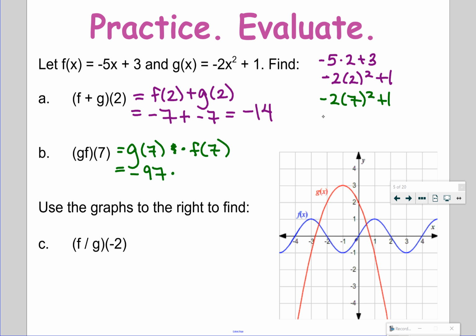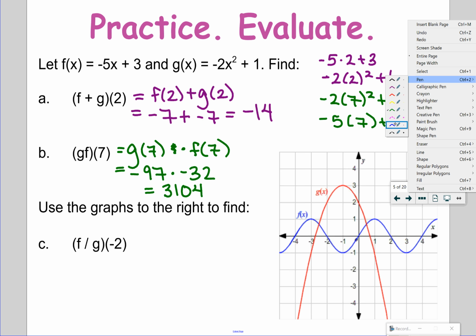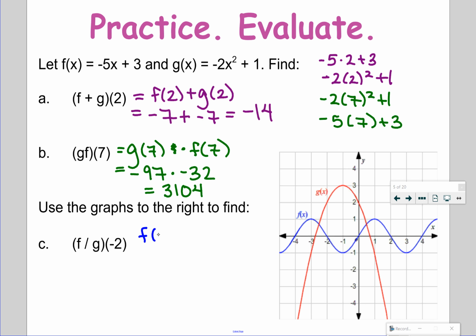F of 7 is -5 times 7 plus 3. That's -35 plus 3, which gives me -32. And then we need to multiply those together, which you might have needed a calculator for because they get a little big. It's 3,104.